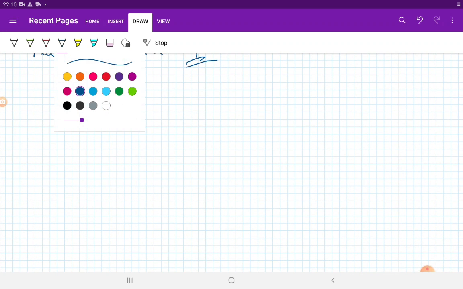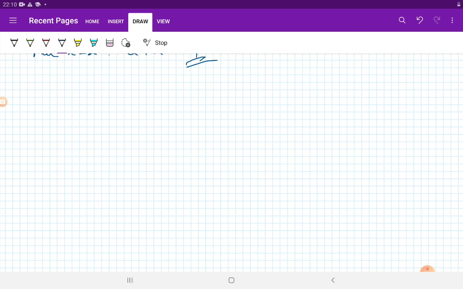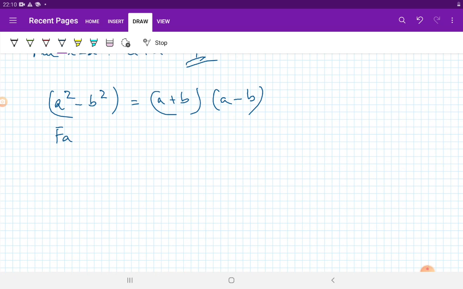Remember that the most useful formulas that come in handy when you're trying to simplify such functions are a square minus b square is equal to a plus b into a minus b, or factoring a quadratic equation by using middle term factorization.